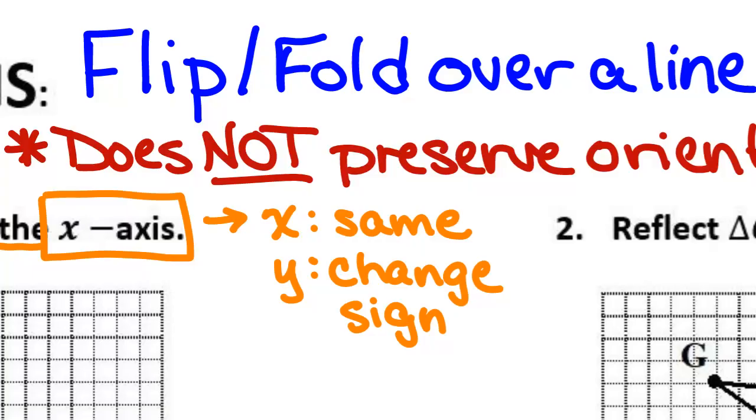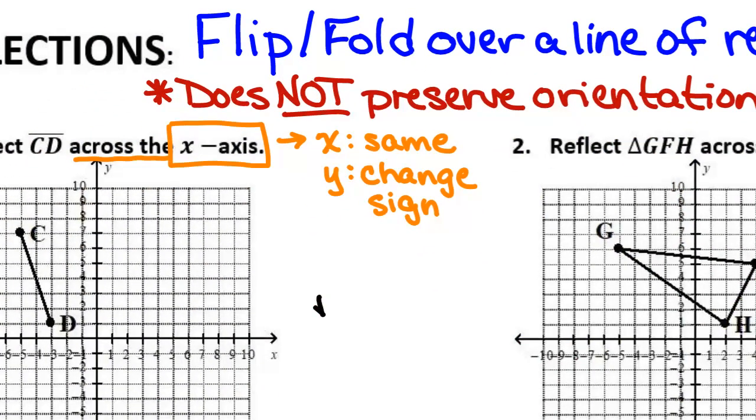All right, we need to come up with the ordered pairs for points C and D, and then we will use those to determine the ordered pairs for C prime and D prime. What is the ordered pair right now for where point C is? Negative 5, 7.